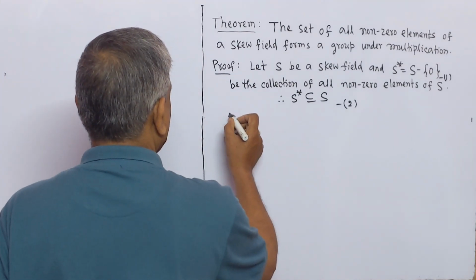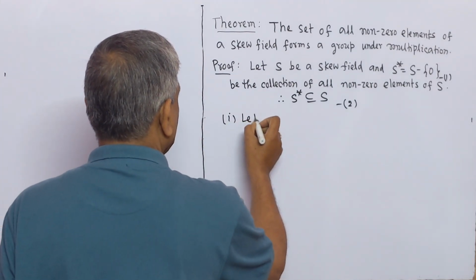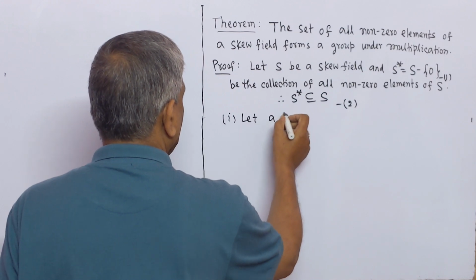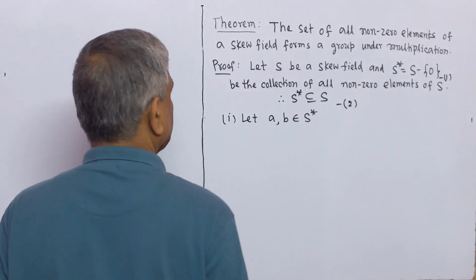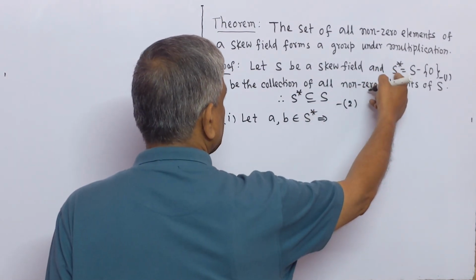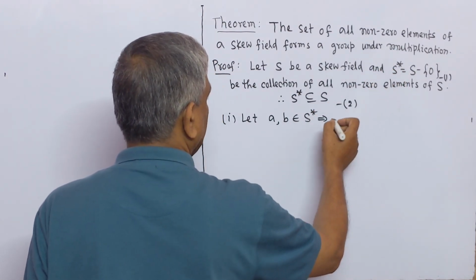Number 1. Let A, B belong to S star. All elements of S star will be non-zero element.